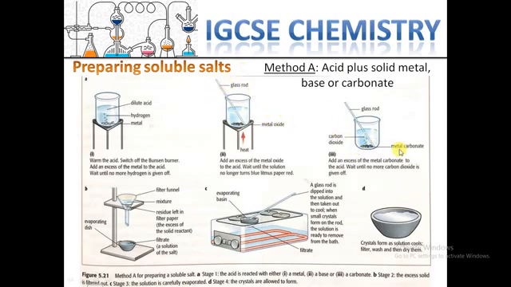For the metal carbonate, you also don't need heat. It's reactive enough, and you just need to stir your solution. So you can choose each of these methods for preparing soluble salt.